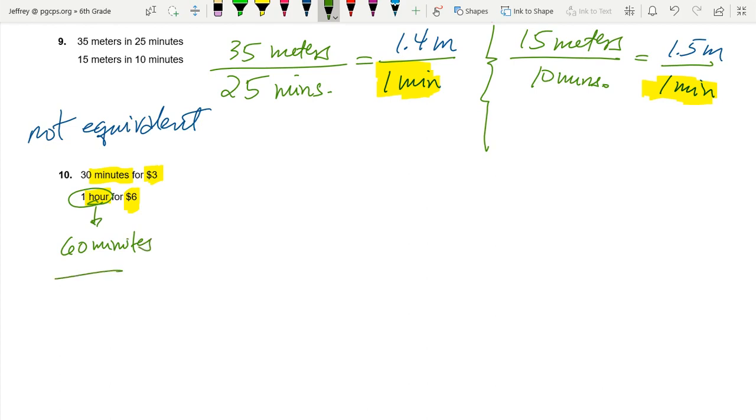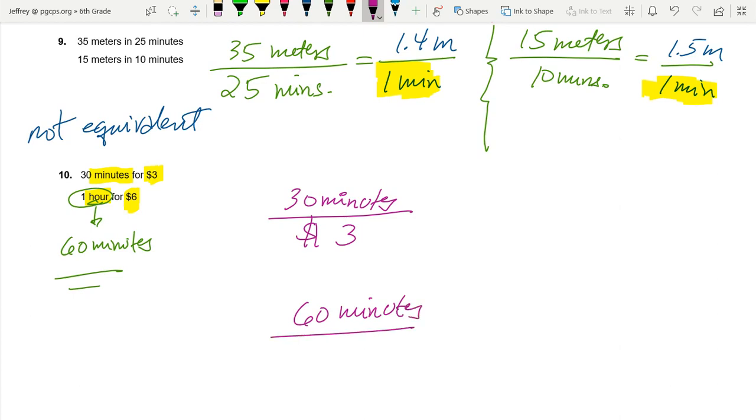60 minutes. So now when we write our rate, it should be 30 minutes for $3, and we got 60 minutes for $6. Now there's a lot of ways to do this, but for the sake of this topic, let's just get the unit rate.